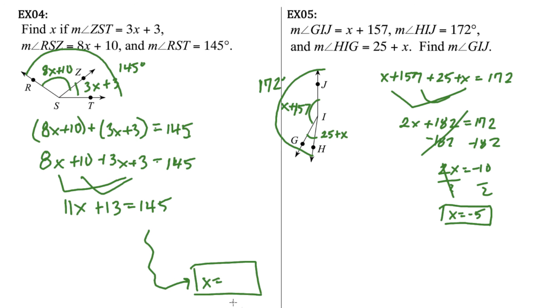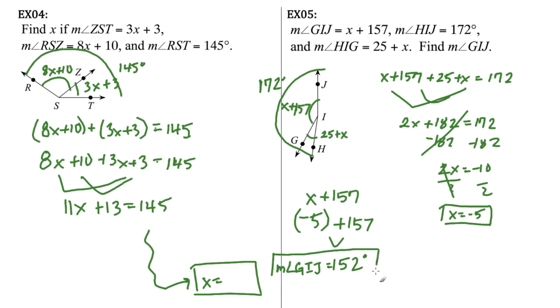This problem over here asked for the measure, so we've got to substitute it in. So GIJ is x plus 157, so negative 5 plus 157 is 152. So the measure of angle GIJ is 152 degrees. That is it.